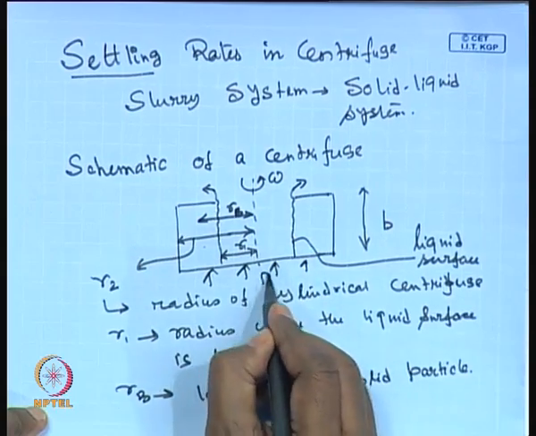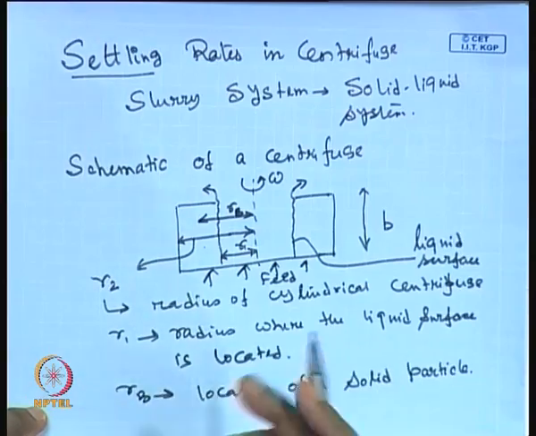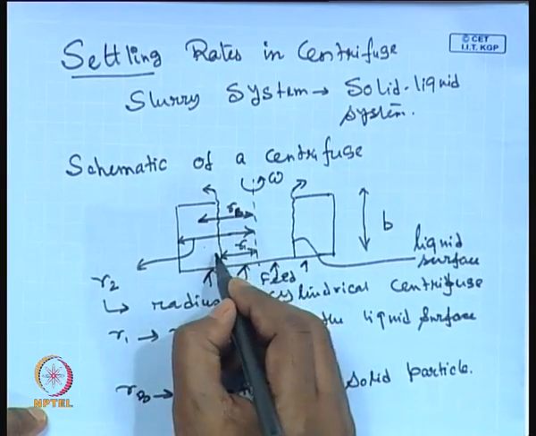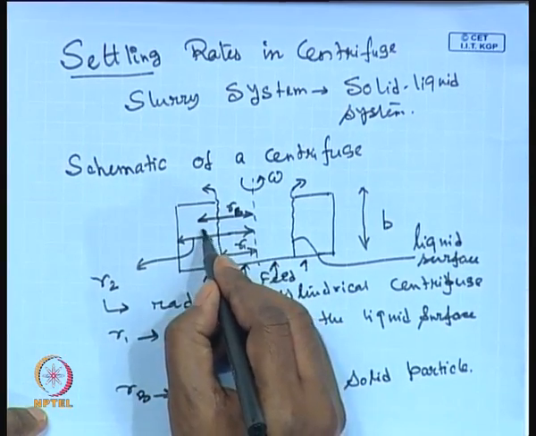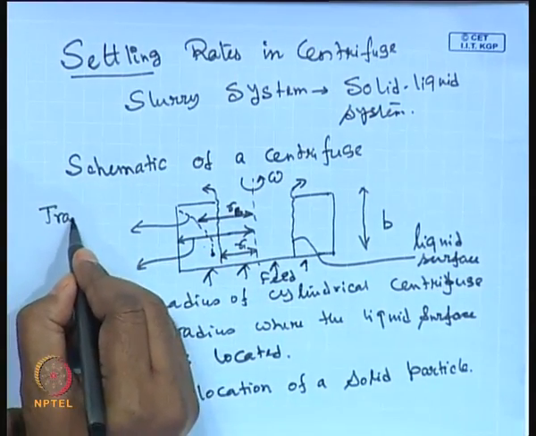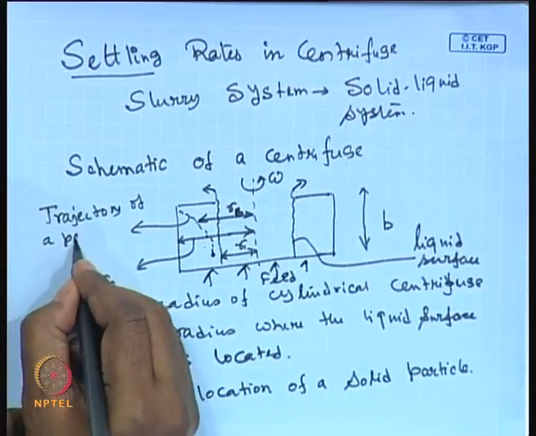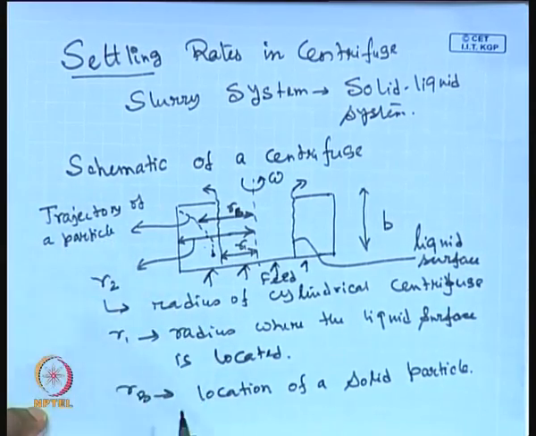You are feeding the slurry from the bottom, the whole thing is rotating, and a typical trajectory of a particle will be something like this. This is a typical trajectory of a solid particle. It is parabolic in nature.